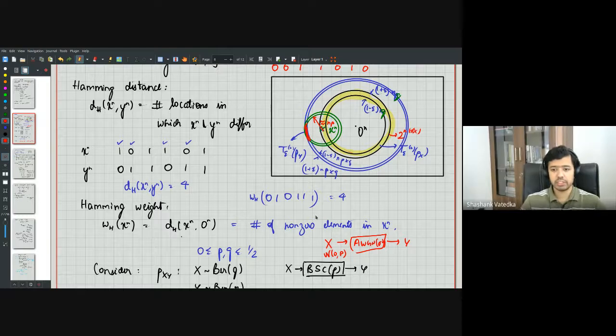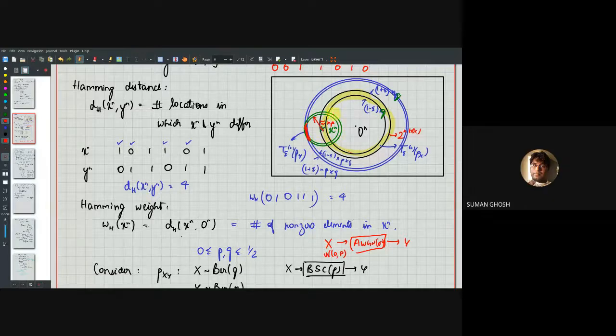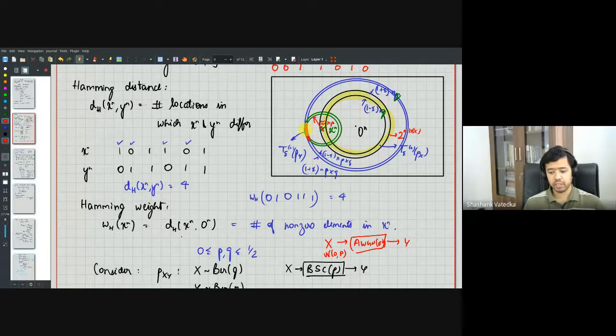So really the conditional typical set is going to be something like this region. The set of all points which are at a distance np from xn is going to be this set over here.